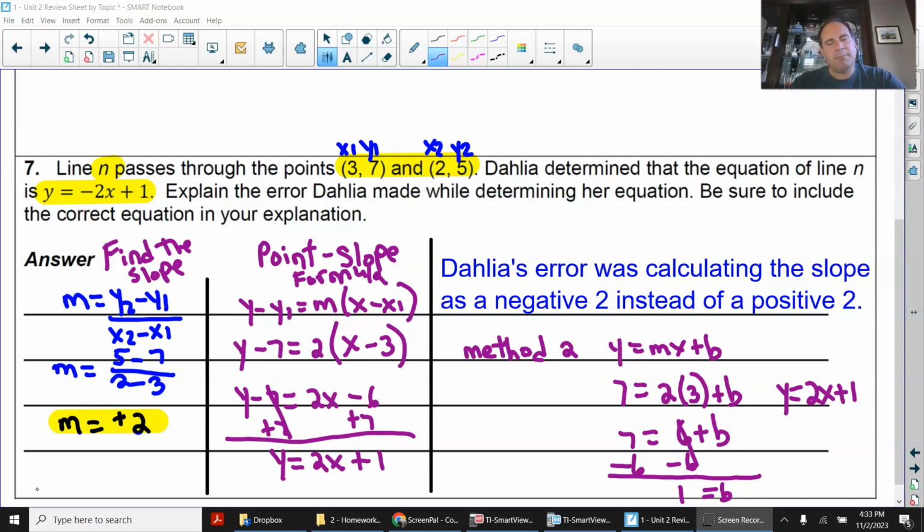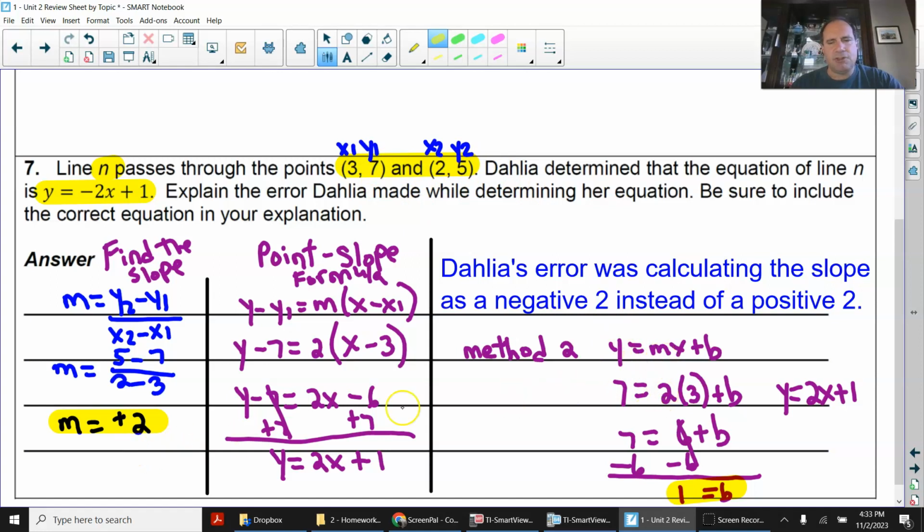All right, and I put down method number 2 if you really wanted to use y equals mx plus b, because once you get the slope, you could substitute all the numbers into y equals mx plus b and calculate the y-intercept, b equals 1. Remember, the y would be 7, or you could put 5 in, but I'm just going to go with y1. I'm going to put the y in as 7, equals m.